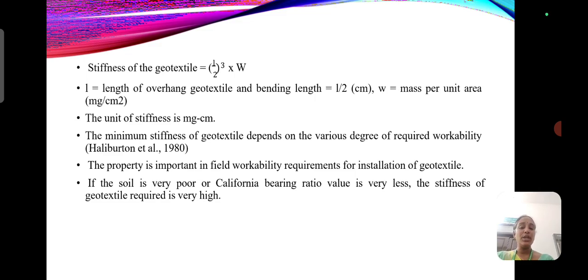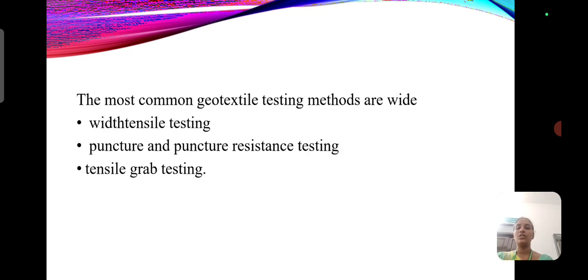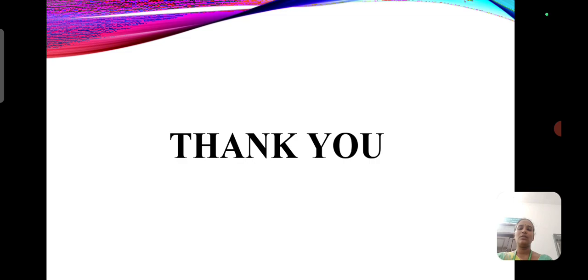If the soil is very poor, like in California, the stiffness of the geotextile is very important in this kind of area. The most common geotextile testing methods are wide-width tensile testing, puncture resistance testing, and trapezoidal tear testing. So, thank you.